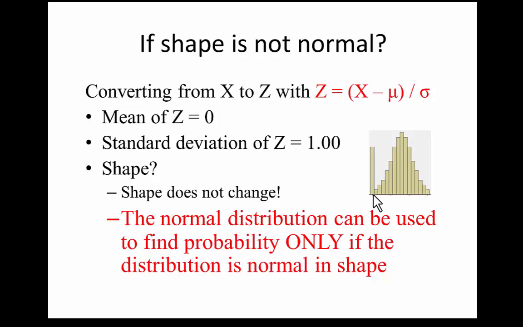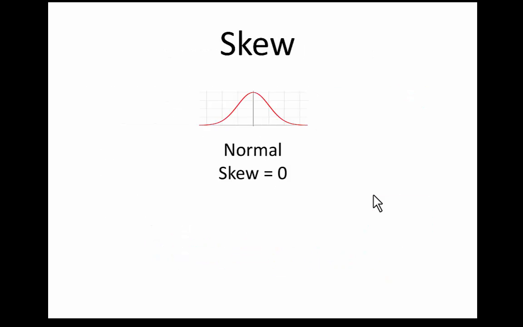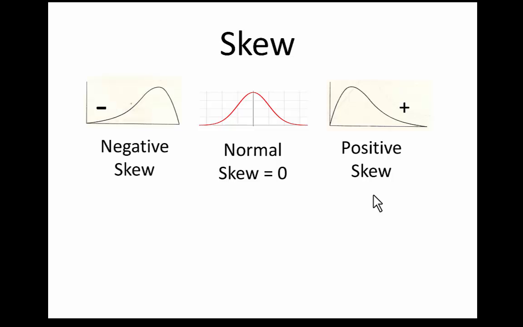Well, how can we assess whether a distribution is close to normal? There are two common measures of shape: skew and kurtosis. Skew is a measure of symmetry. It's equal to 0 for a symmetric distribution like the normal distribution. However, for a distribution with a longer tail to the right, the skew is positive, and for a distribution with a longer tail to the left, the skew is negative. Sometimes people refer to these as right-tailed or left-tailed distributions.